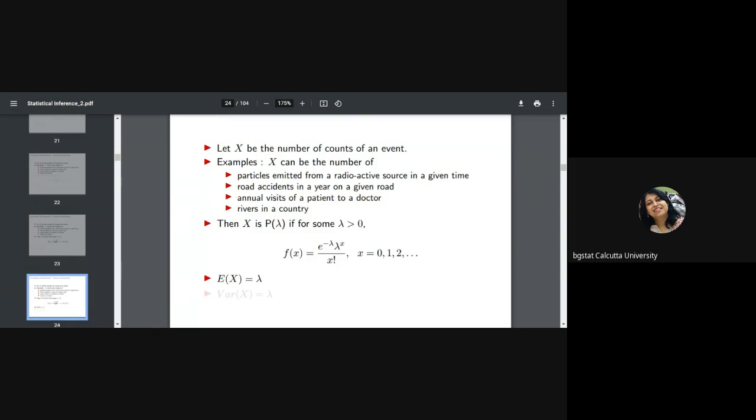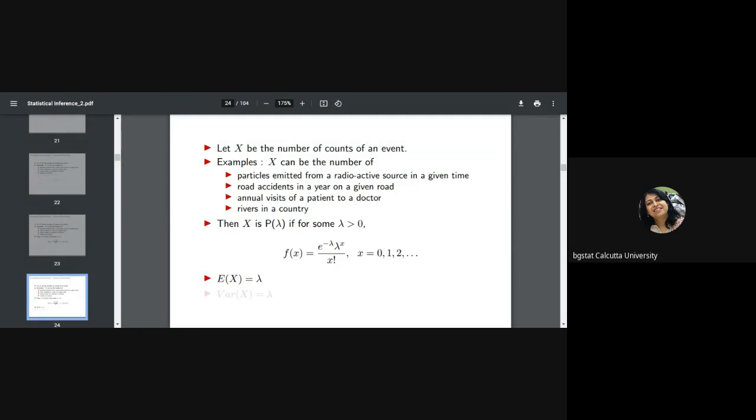If you have a random variable which is non-negative integer valued, the most common probability distribution for such random variables is the Poisson distribution. Typically, the Poisson distribution comes when we observe the number of counts of some event occurring. So maybe we are looking at the number of accidents which happen at a traffic intersection.